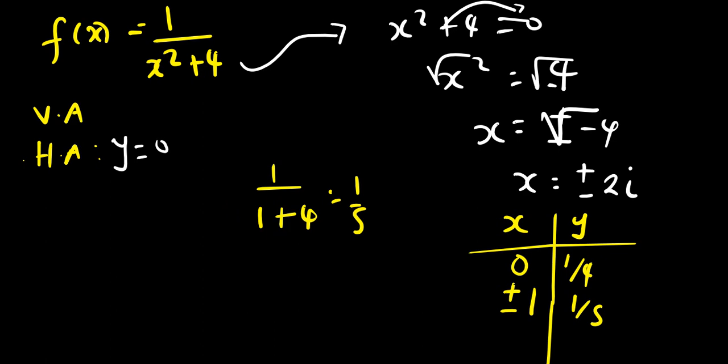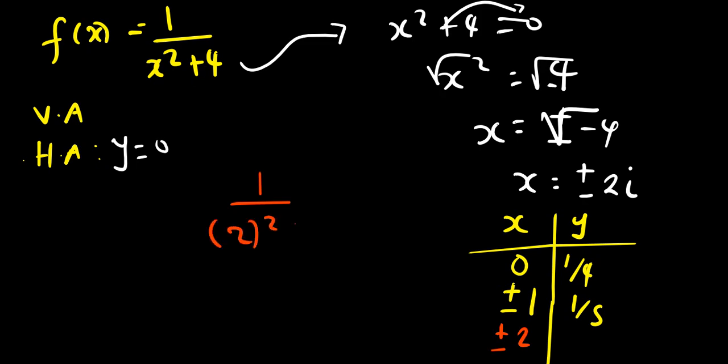Let's choose another one, say positive or negative 2. It will still be the same because it's a quadratic down there. So negative 2 squared plus 4 gives 1 over 4 plus 4, that is 1 over 8.